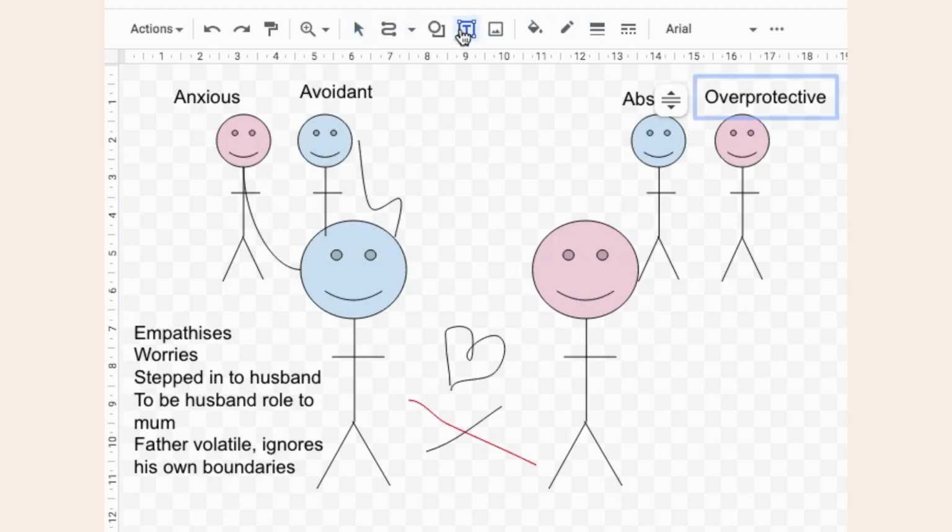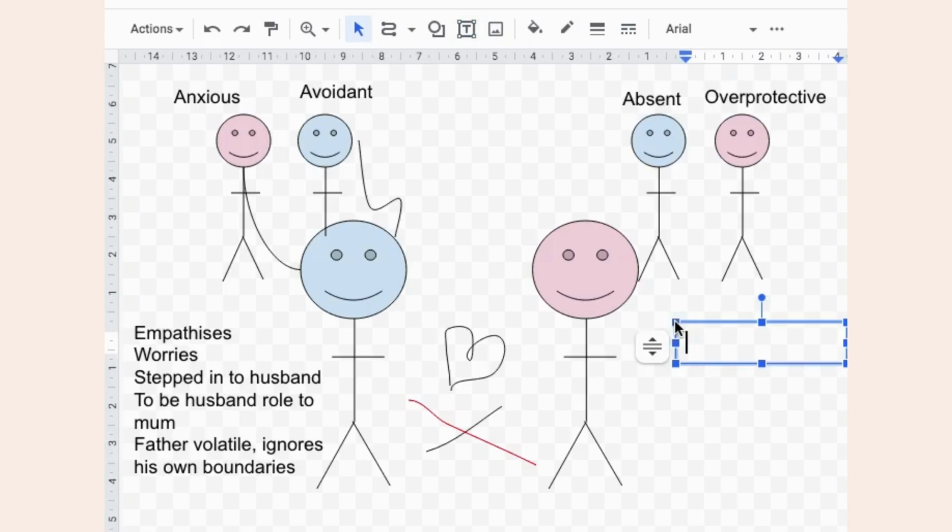What has Georgia possibly become used to? Well, let's have a think about this. So Georgia's mum is overprotective, which has led her to feeling stifled. And she feels that she is unworthy of love because her father didn't love her.